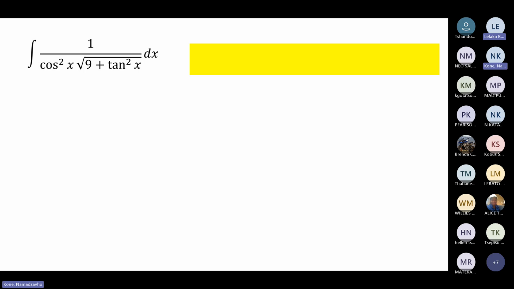Answer is yes. Arcsine of tan x over 3 plus c. Arcsine with an H, right? Yes. All right. So we've got sinh inverse of tan of x all over 3, plus c.